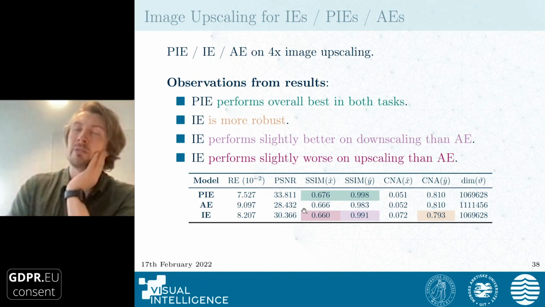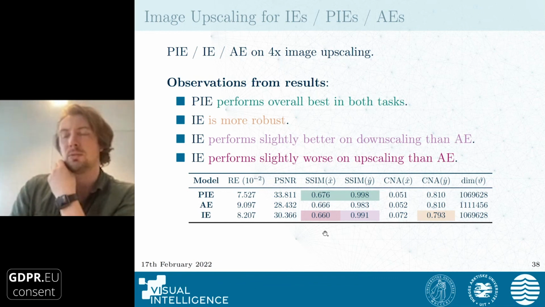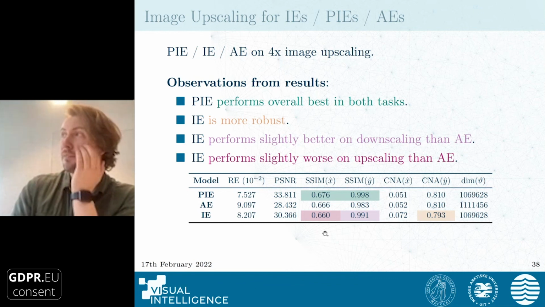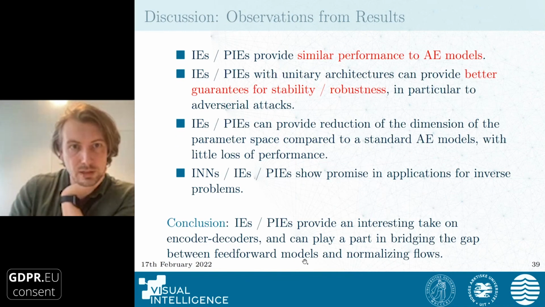I also have to mention that these are semi-orthogonal matrices, so there is a loss of information in these. However, we also did some experiments with full rank matrices, which also had some interesting results. But we focused on this result in this talk.